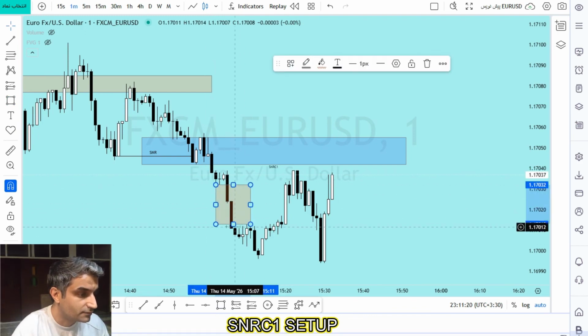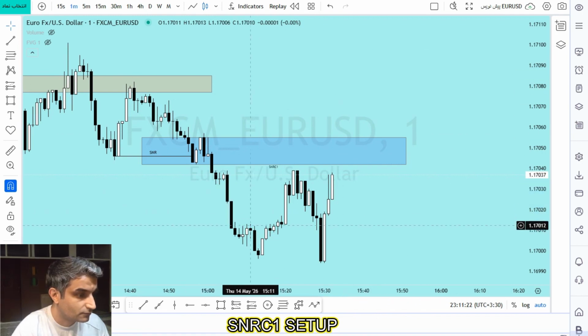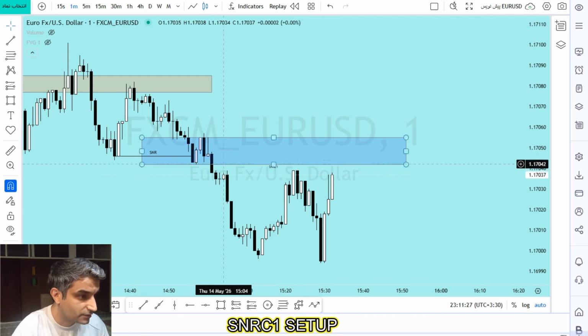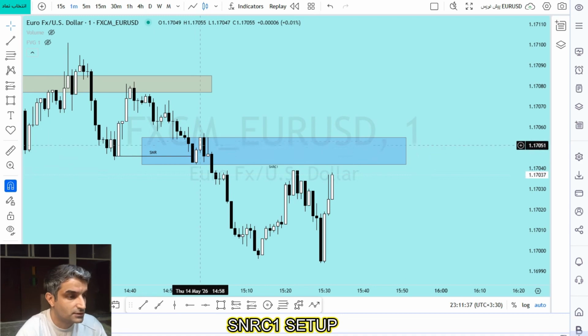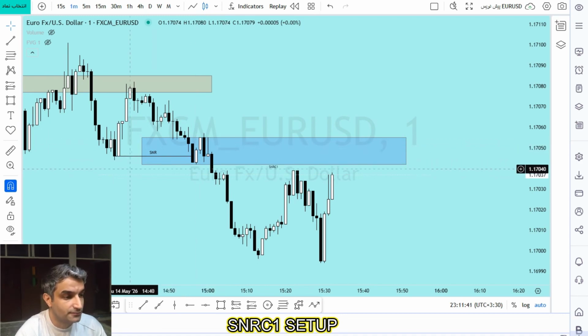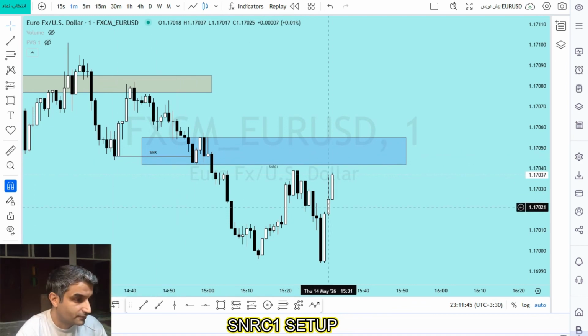This is FVG, and here we have an FVG in this area. As you see, price comes up until this area, but didn't touch our order block that is in the area of SNR.